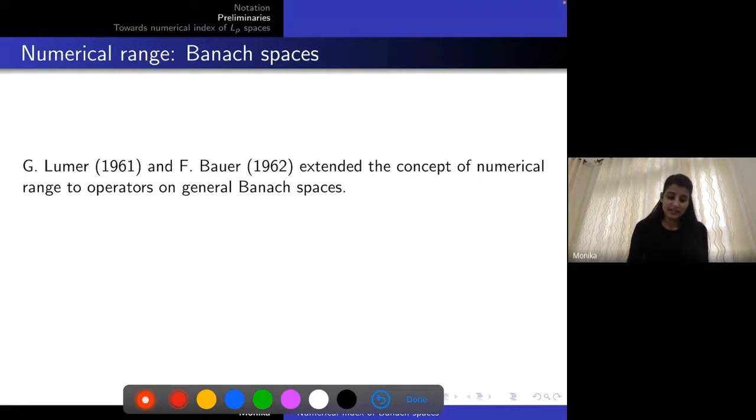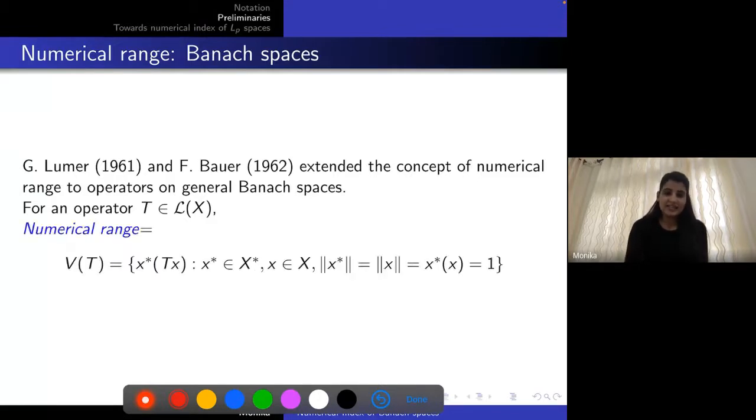They defined the numerical range of a bounded operator T as V(T) is x star Tx, where x and x star are unit vectors satisfying the property x star x is 1. So this numerical range is the set of all points x star Tx, where x and x star are unit vectors satisfying x star x equals 1.